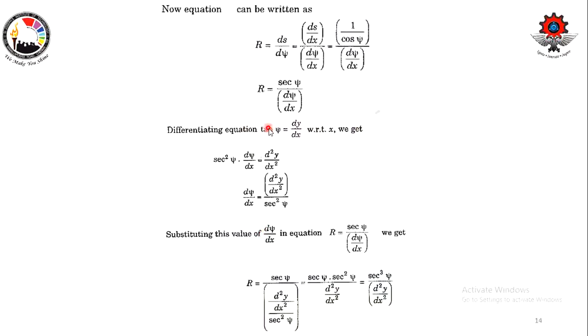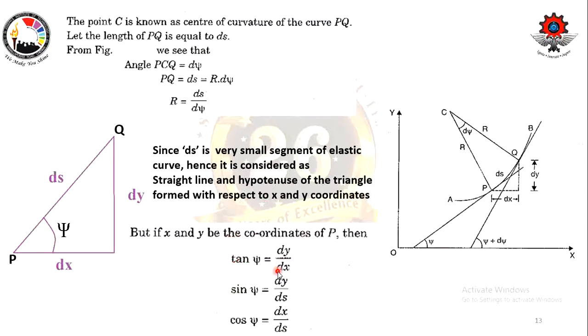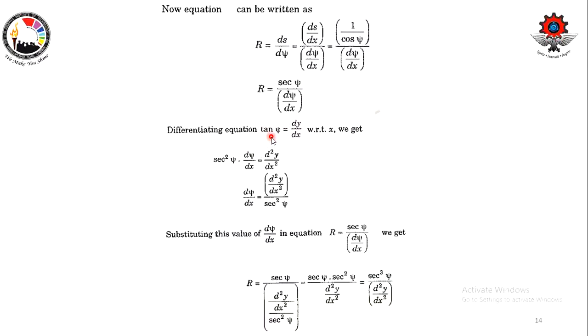Why are we differentiating it? Here we have secant, so we need a value for the secant. Differentiating tan psi will give you secant.